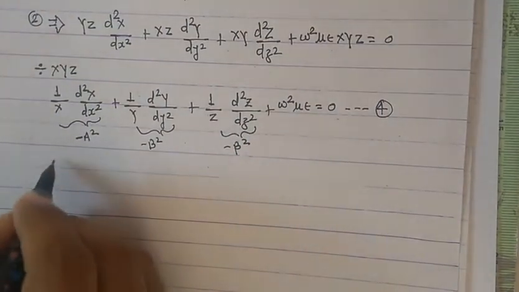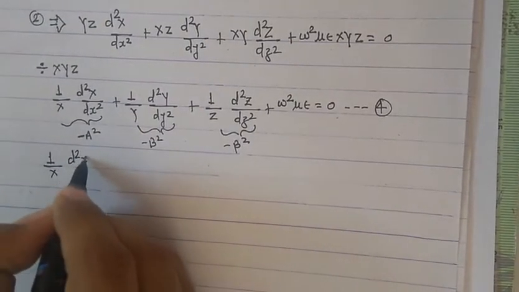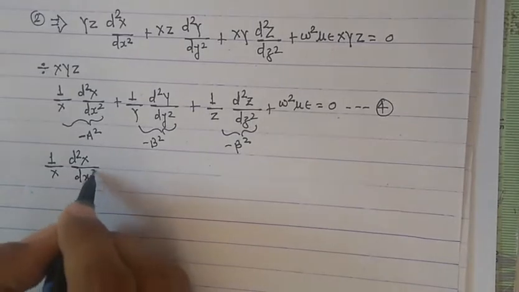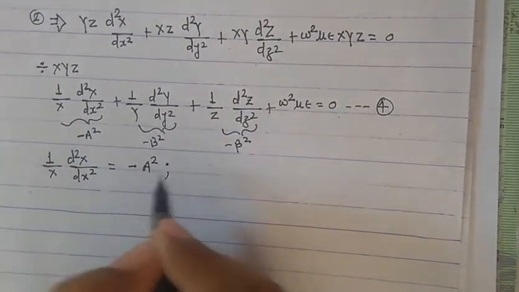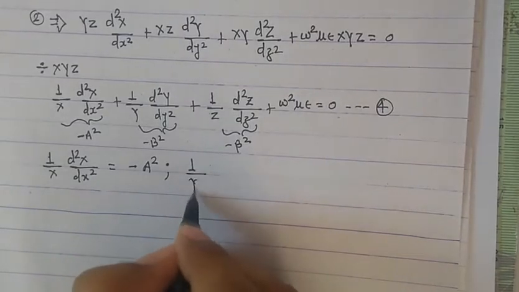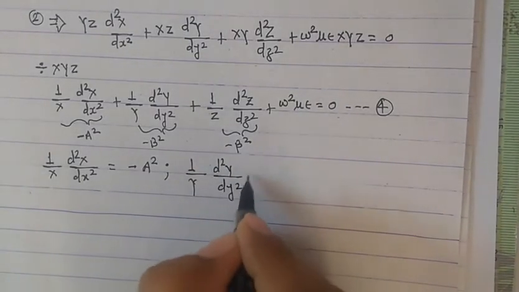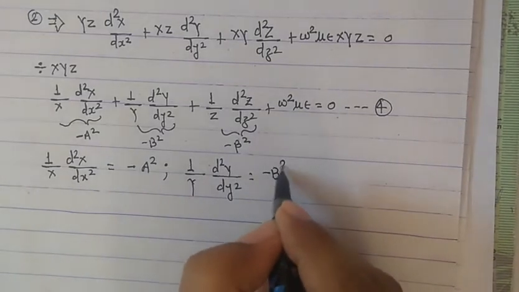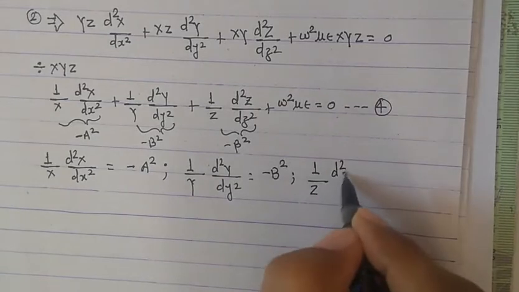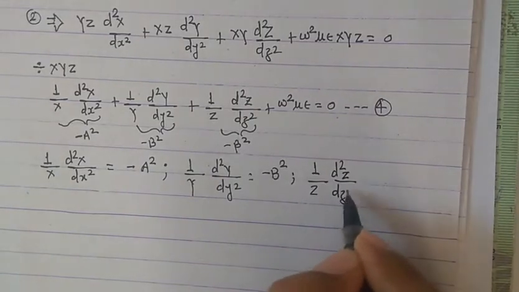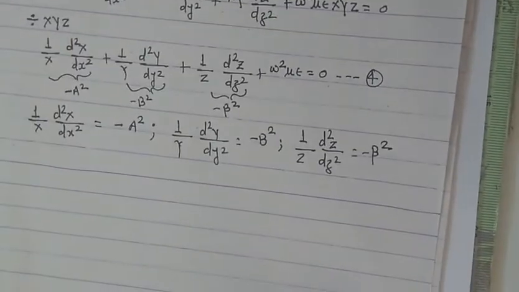So let us rewrite them. 1 by X d square X by dx square will be some constant, minus a square, minus b square, minus beta square, where beta is the phase constant.